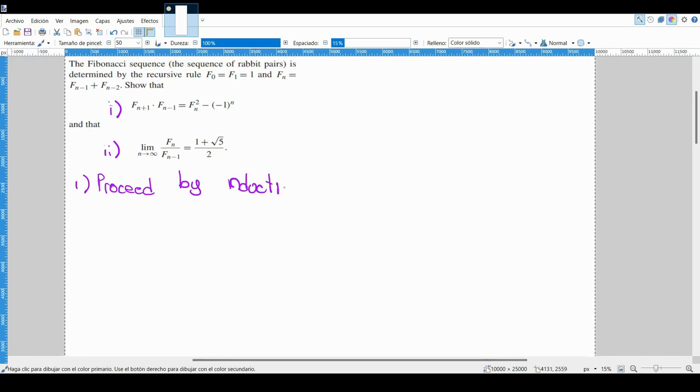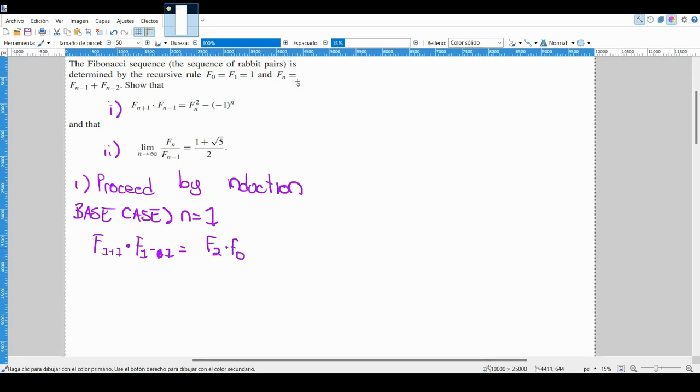Our base case will be n equals 1. We cannot do n equals 0 because here we'd have f negative 1, which is a non-existent value. So we'll have f1 plus 1 times f1 minus 1, which will equal f2 times f0.